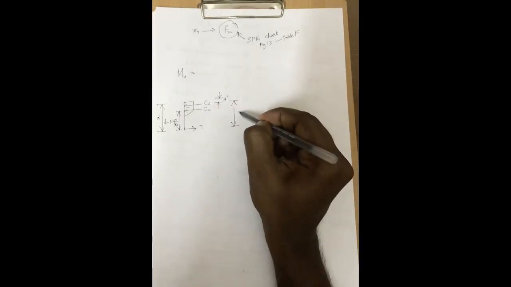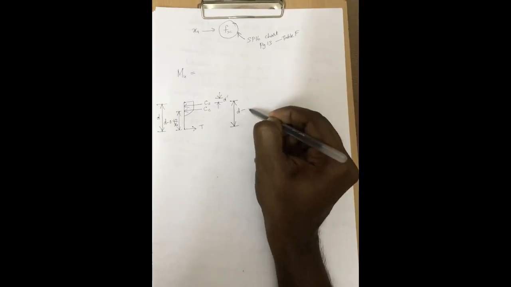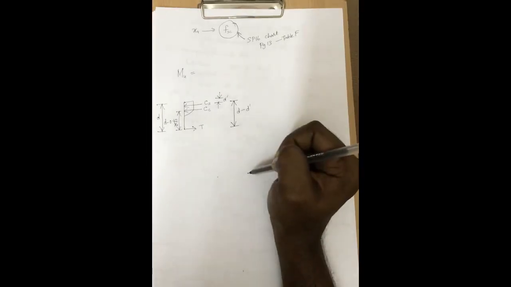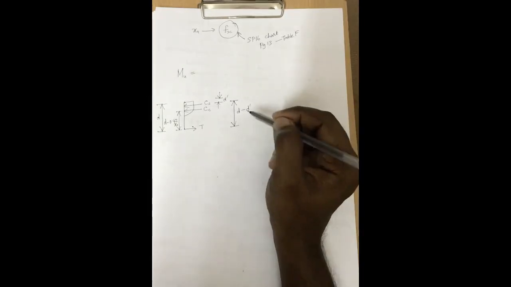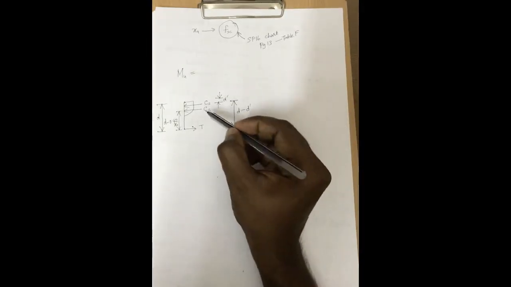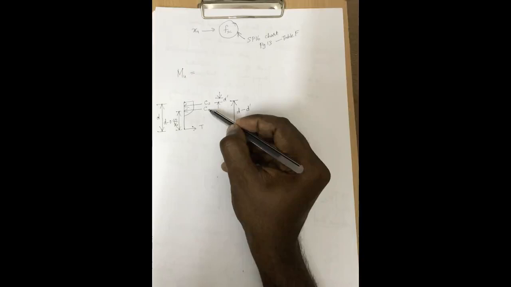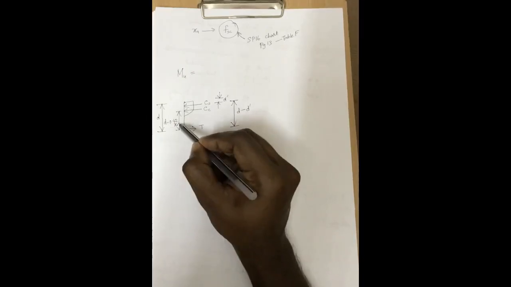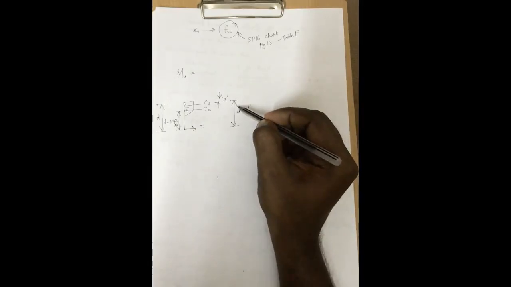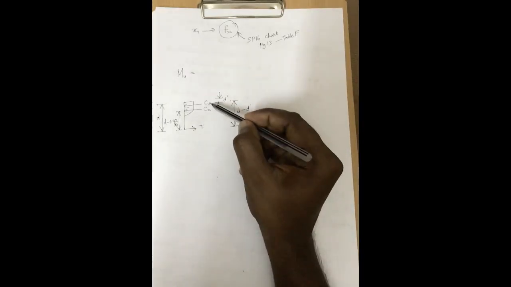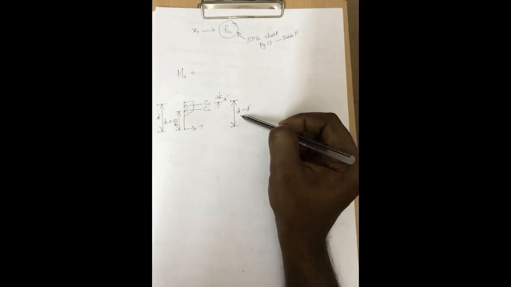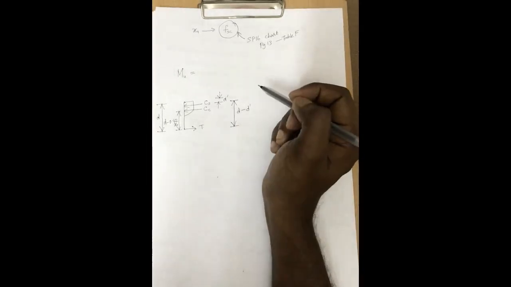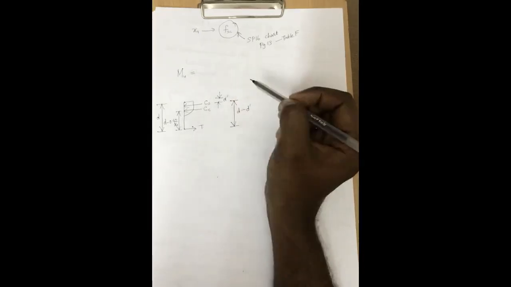What is this? This is d minus d dash. So you have found both the lever arms. Lever arm between the compressive force at the level of concrete and the tensile force is d minus 0.42 xu, and the other lever arm, between the compressive force at the level of steel and the tensile force, is d minus d prime. So once you know these values, you can easily write the ultimate moment of resistance.